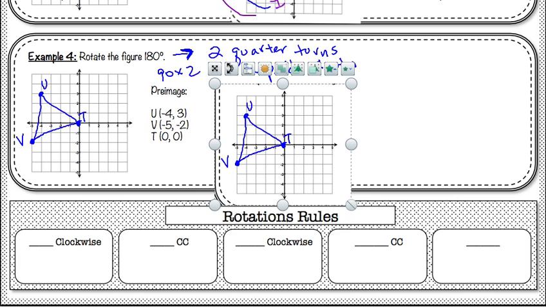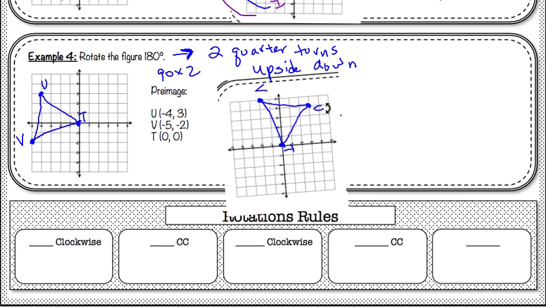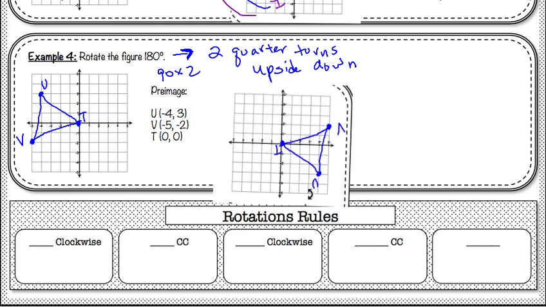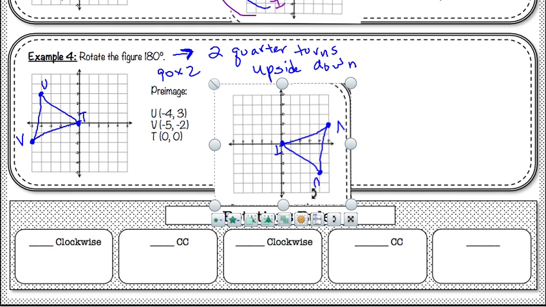I'm going to turn it upside down. 1 quarter turn, 2 quarter turns. My paper is 100% upside down. And then I'm going to write down what I see. Remember, you need to ignore the positive and negative signs because they're in the wrong places. But do you see how T is at 0, 0?